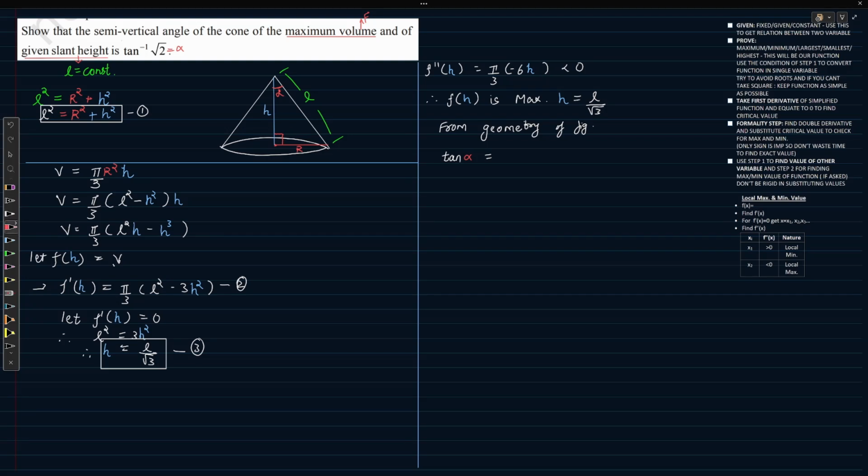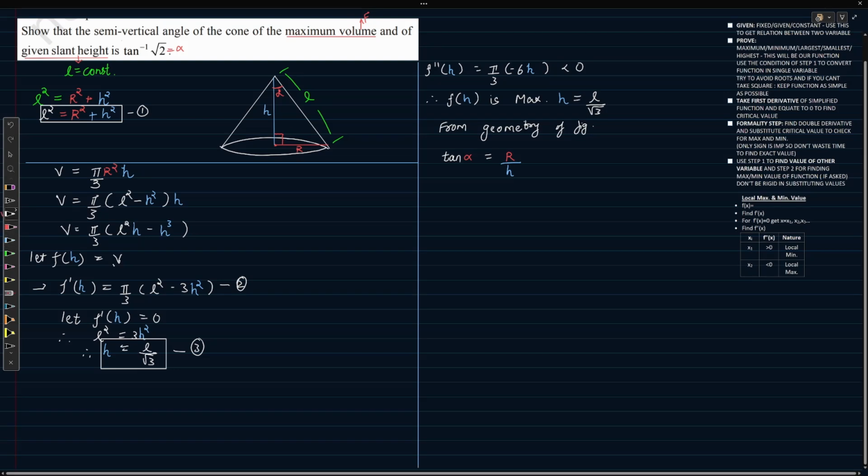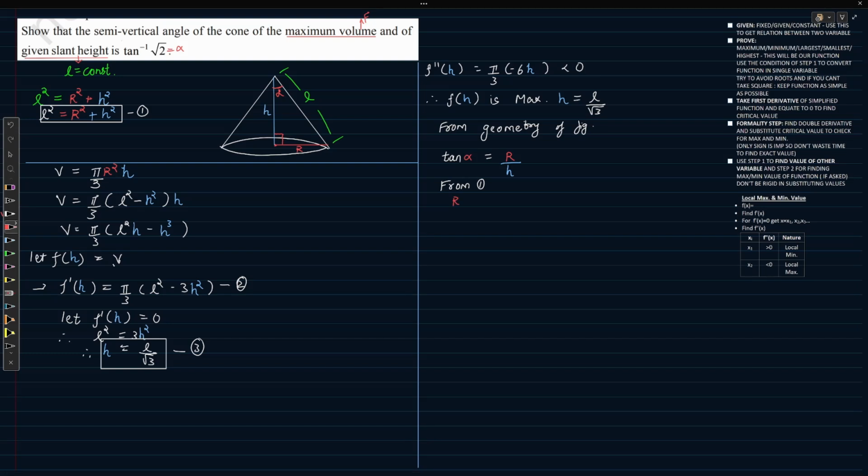So we'll get tan alpha equals opposite, that is R, upon h. Now h we already know is L by root 3. The value of R we can find from equation number 1. So from 1, R square equals L square minus H square, which is nothing but L square by 3.